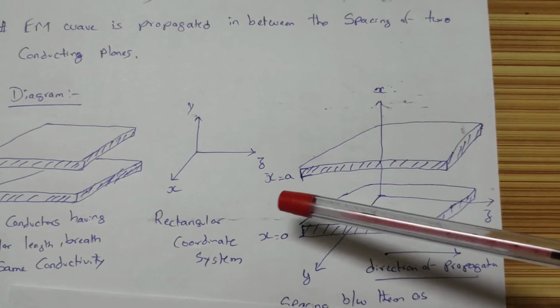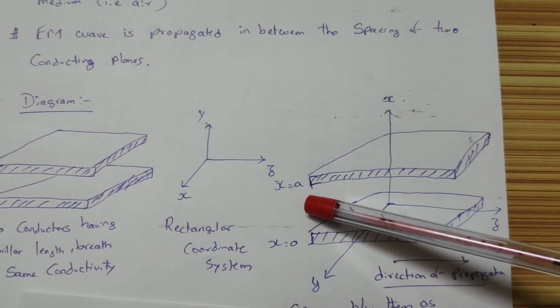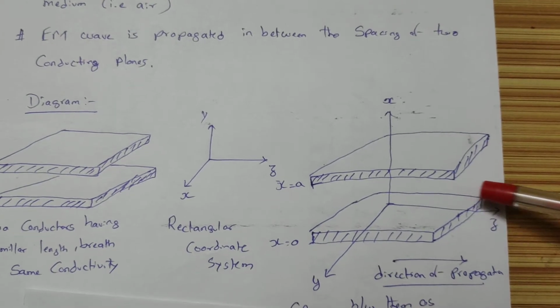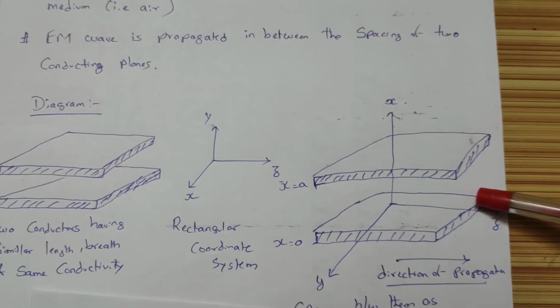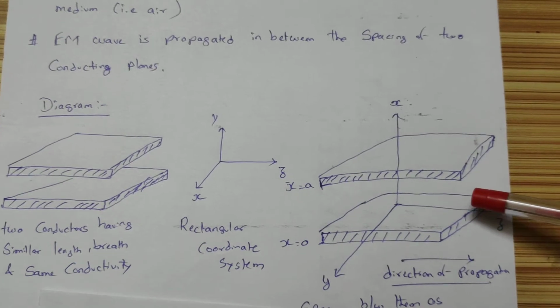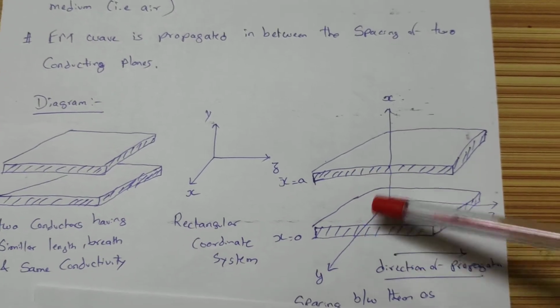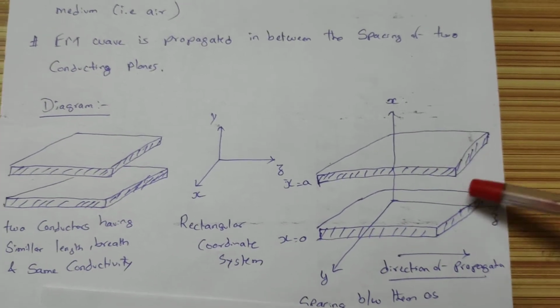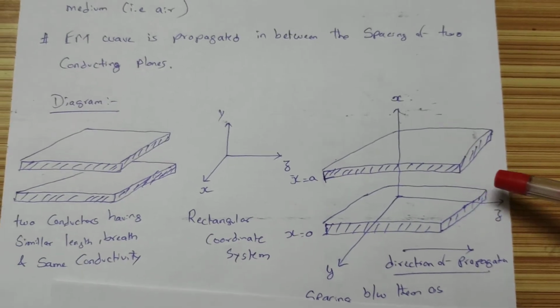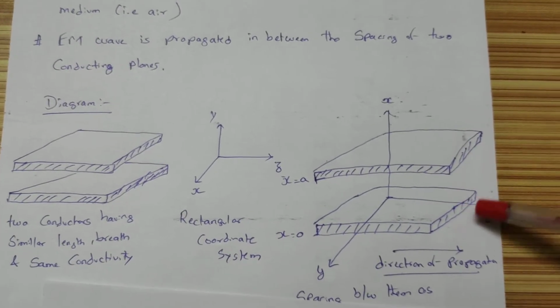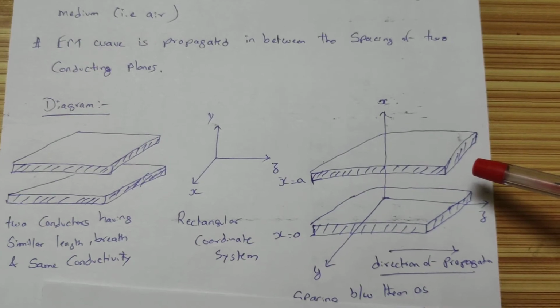That means the wave will start somewhere here and it will be flowing to the outer part here. Based on this, there occur some reflections in the planes. Finally, you will be achieving some field components. So that is what we are going to achieve in this derivation.